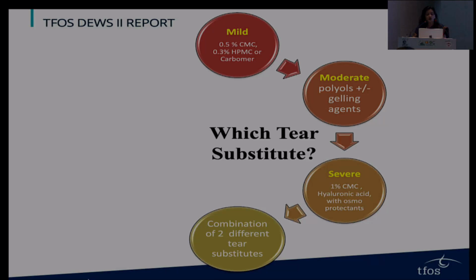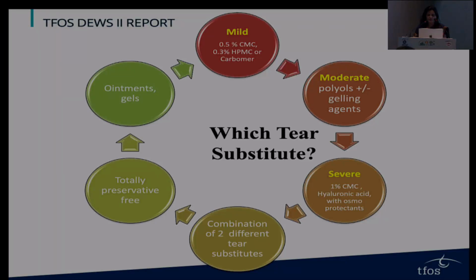If it is still not getting treated, then you use a combination of drugs. That means you will use a CMC with a polyol agent, or a CMC with hyaluronic acid, or a polyol agent with hyaluronic acid. So you combine the two, go totally preservative free if it is more than 4 times a day, and ointment and gels at bedtime also.